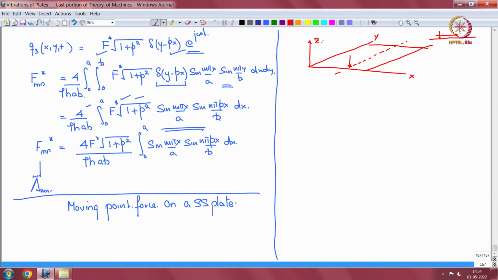So my Q3, this is not a harmonic situation now, it is not a harmonic force, it is going to be a transient and we have to deal with it like that.